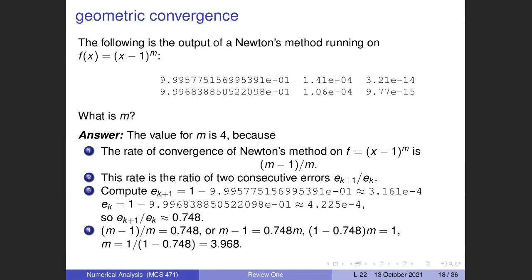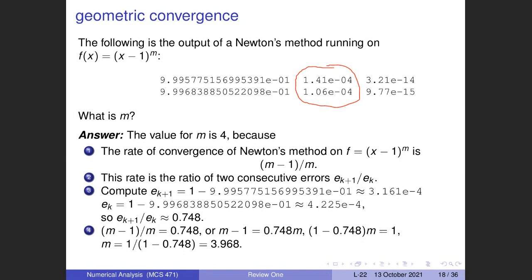So we have 2 consecutive errors when we compute them. Here I computed the errors from the exact root, but I could also have taken the ratios of these here. So they also would have sufficed.